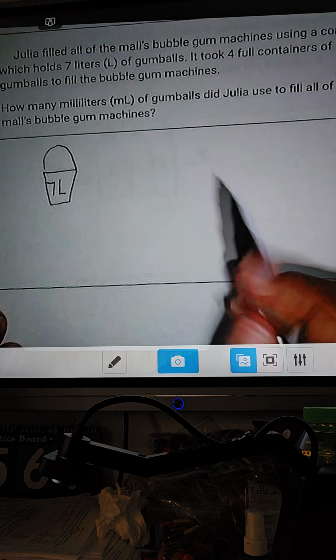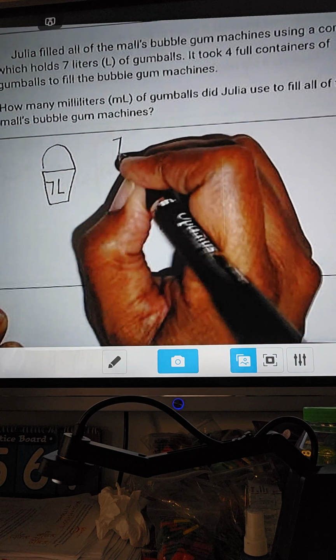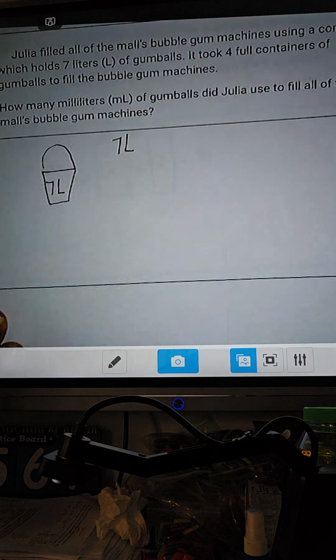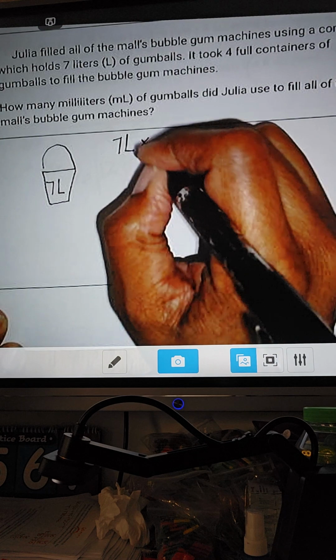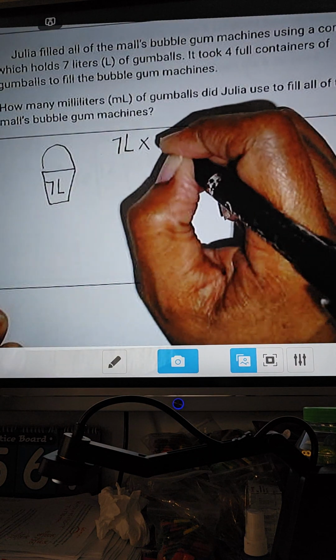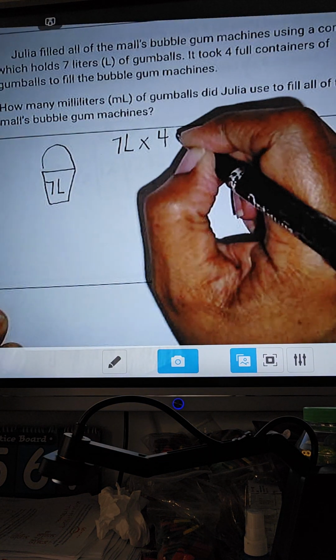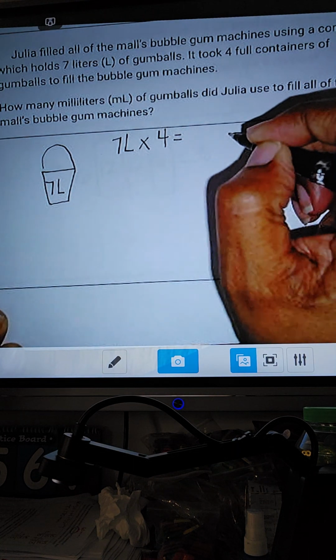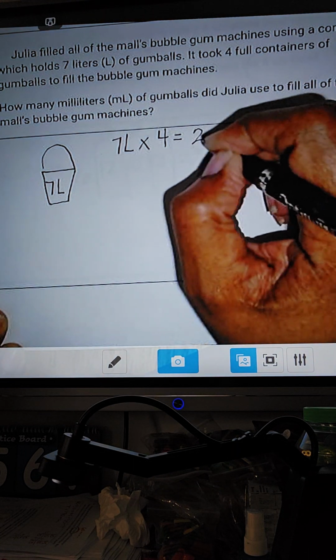So first thing is, I have 7 liters, and how many do I need? So what do I do with the 4? Multiply it. We don't say times it. Multiply it times the 7 liters, which gives me 28 liters.